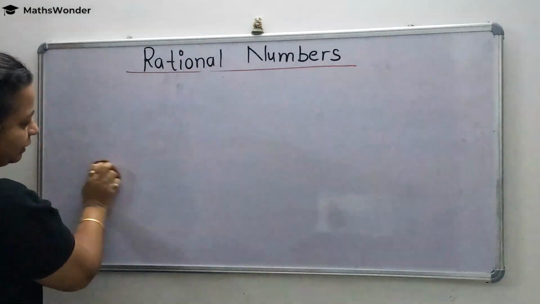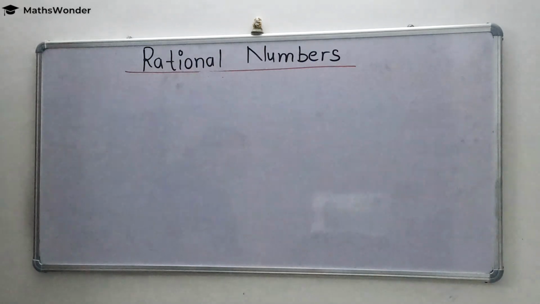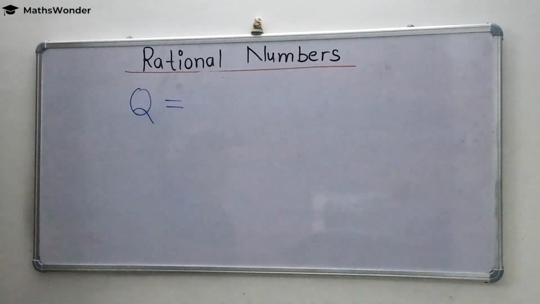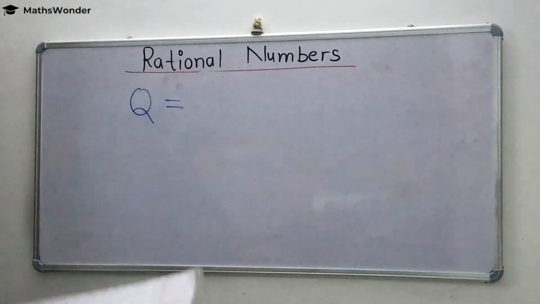So you should know all the rational number or any other number representation form. Now I am giving you a quick summary of the rational number. Rational number is always represented by the capital Q. And what is the definition? How will you write it?